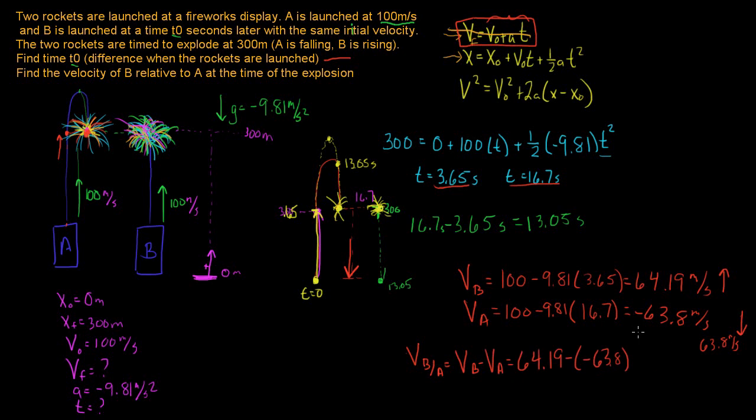And when we simplify this and add these two numbers together, we get 127.99 meters per second. And since this is a positive 127, it's going in the upward direction.